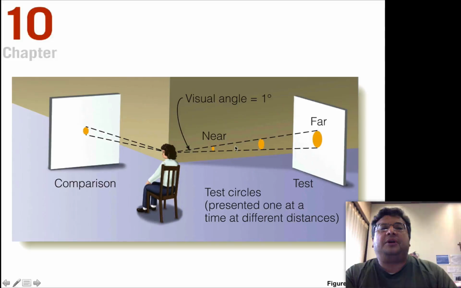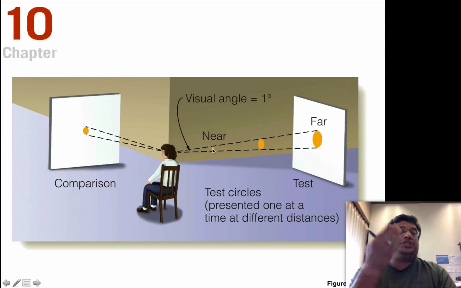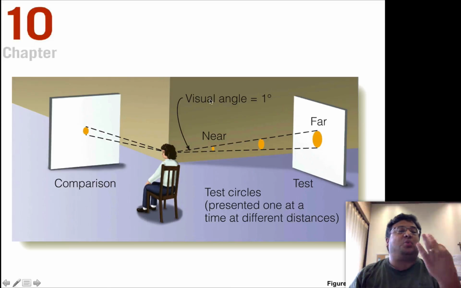In other words, they're going to paint themselves exactly the same on the retina. So all three of these circles are going to look the same size on the retina, but in the absence of any visual cues, you can't tell if it's a little tiny circle that's close to you, or a great big circle that's far away from you. You really can't tell because the visual angle is the same.